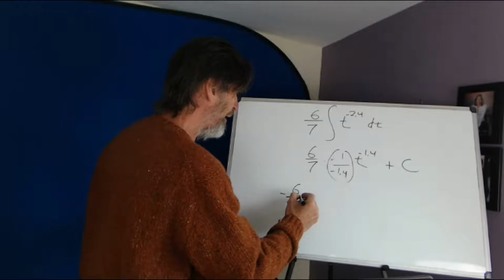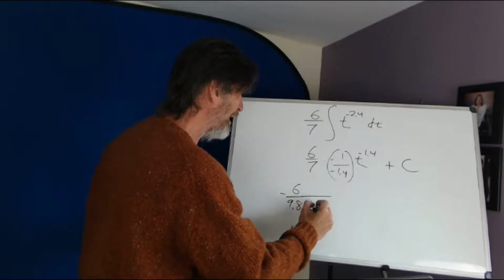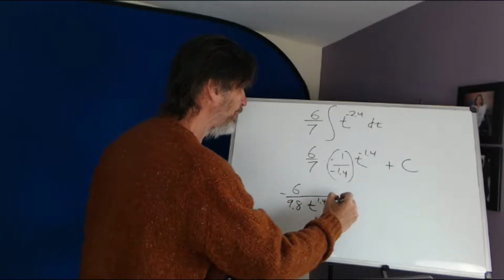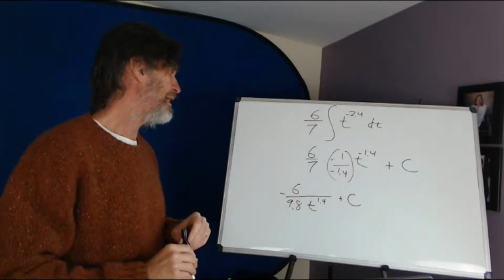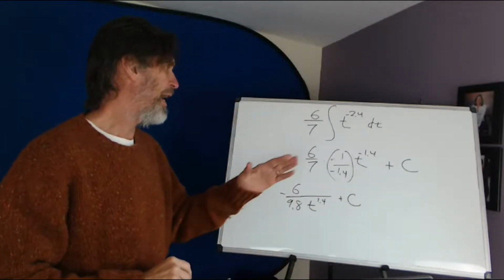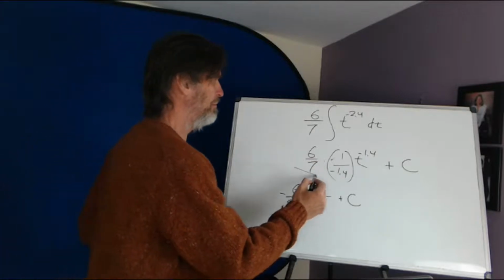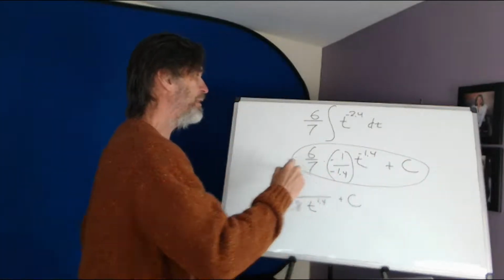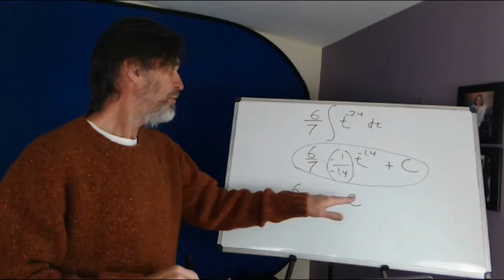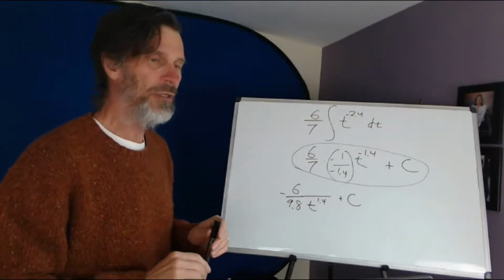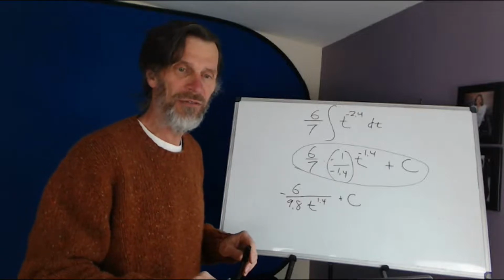I could drop that t back to the denominator, I guess. t to the 1.4 plus c. And on today's exam, I'll be happy if you even leave it like that. That's fine. I just want to make sure you understand the antiderivative rules. Do remember the plus c on those 2 general antiderivatives, however.